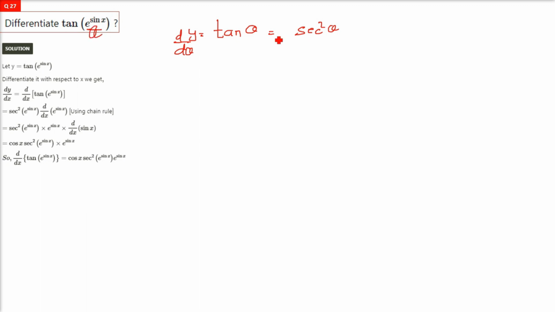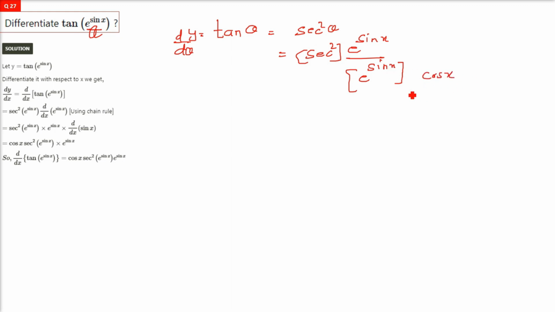Tan theta differentiates to sec square theta. Now this is going to be sec square of what? E to the power sin x. Now what is remaining? E to the power sin x, because we have to apply the chain rule. So this whole sec square e sin x is already done. Now e sin x we have to differentiate, because e to the power x is e to the power x only. E to the power sin x will be e to the power sin x.